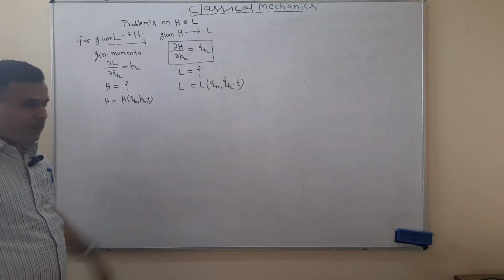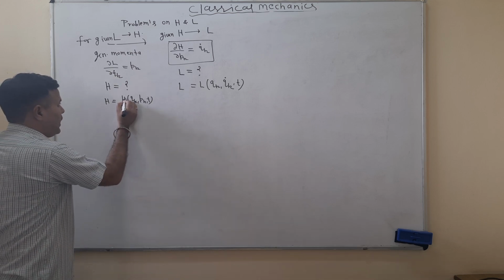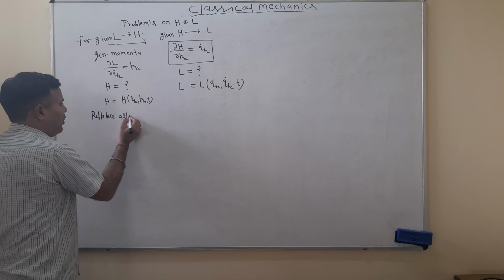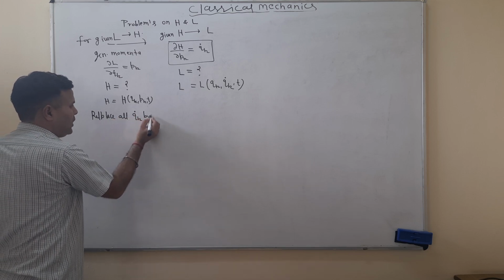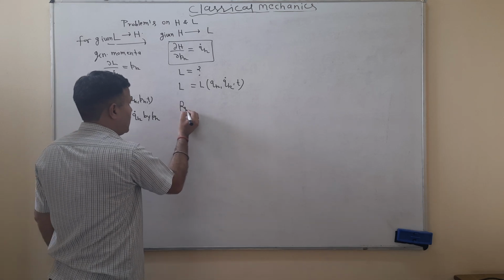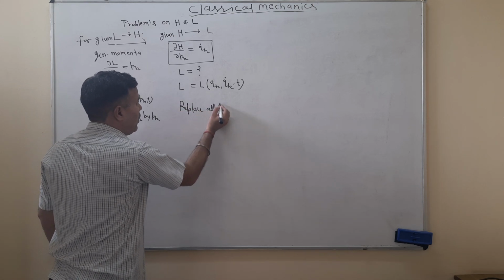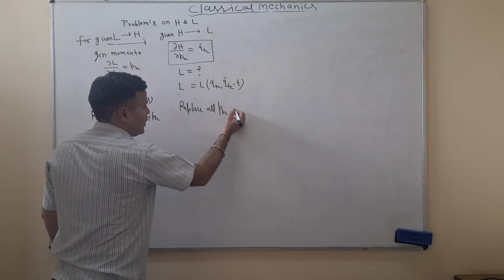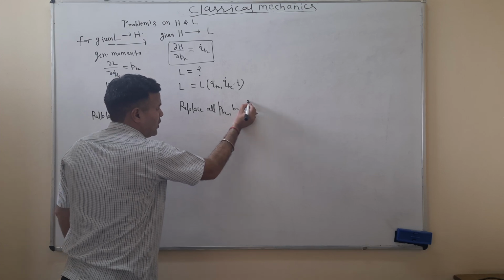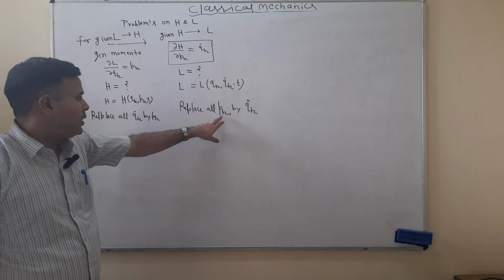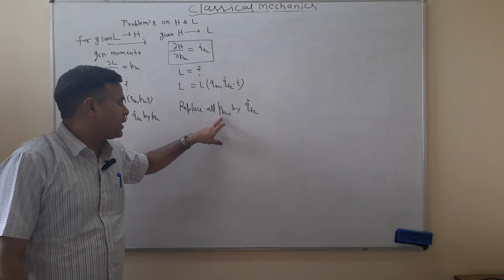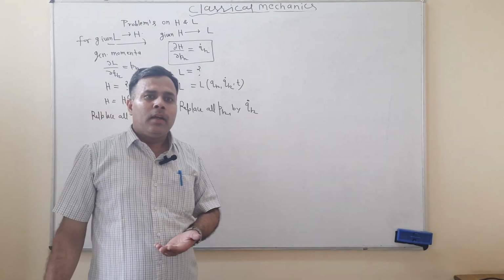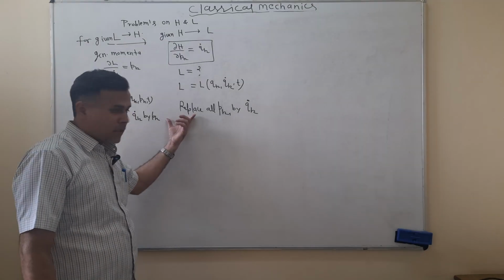So this is just a one-to-one comparison between L and H. Replace all Qk dot by Pk, and replace all Pk's by Qk dot, means replace all generalized momenta terms in order to find out the expression of L for a given H. So this is the concept.